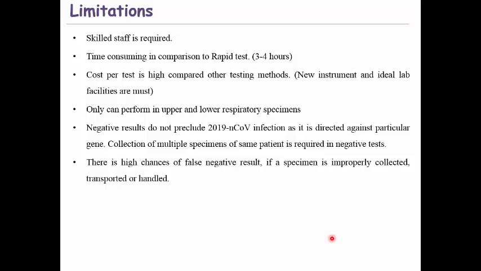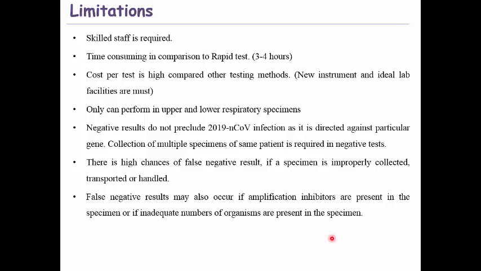There is a high chance of a false negative result if the specimen is improperly collected, improperly transported or handled, because viruses are very delicate to temperature. A false negative result may also occur if amplification inhibitors are present in the specimen, or if an inadequate number of organisms are present in the specimen. If a very small amount of organism is present, it cannot be amplified.